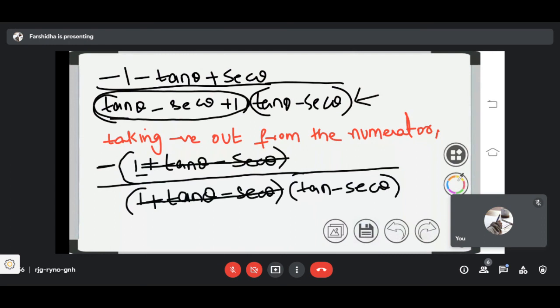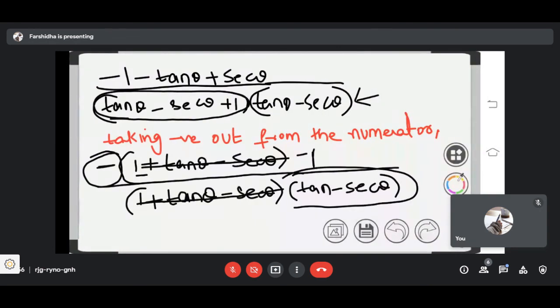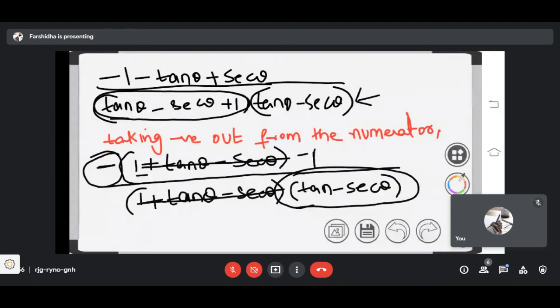So what is remaining in the numerator? Don't say it is 0. It's not 0. 1 is there. Everything got cancelled, so 1 is there. And also you can see one negative sign is here, left side. That means negative 1 is remaining on the numerator. Denominator, you can see only one term is there. Tan theta minus sec theta.